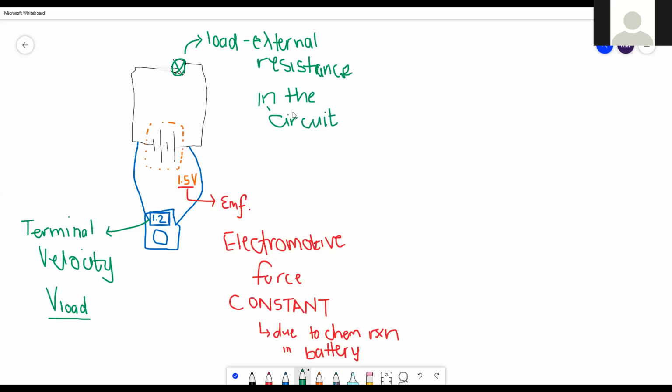Basically this thing is just using up the current to transfer your electrical energy into something else, whether it's heat or light or whatever you want to call it.